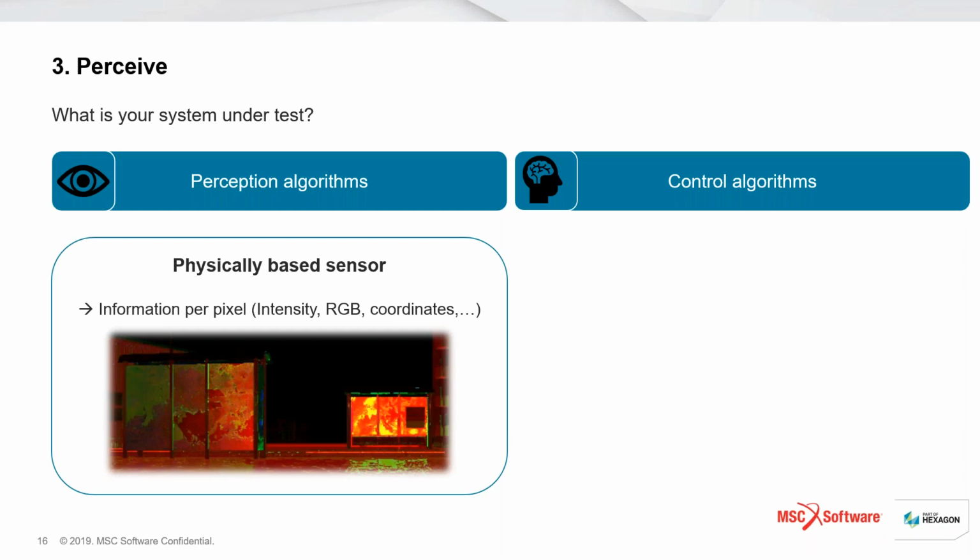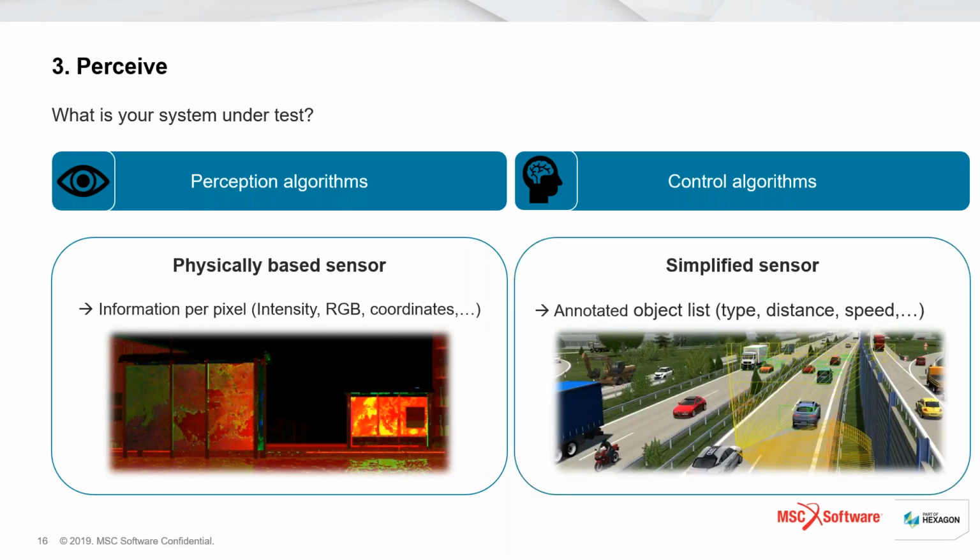Which type of perception do you need for this? For perception algorithm, what you should get from a simulation environment is a physically based sensor, which will give you information on pixel level with color, distance of the objects that is encountered, the number of hits, etc. And to test your control algorithm, you will need an annotated object list as input of your system in the test.